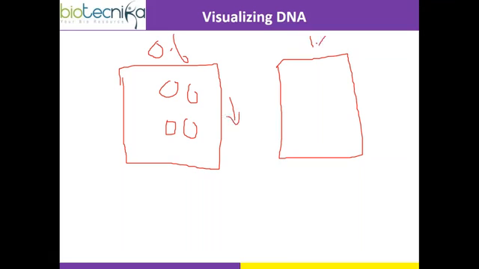For the 1% gel, people will use high voltage. Why? Because the friction between the DNA and the agarose will be very, very low. If I use high voltage, it will come out fast. Where here the friction between the DNA sample and the agarose gel is very high. Only if I use higher voltage, then only it will get separated.